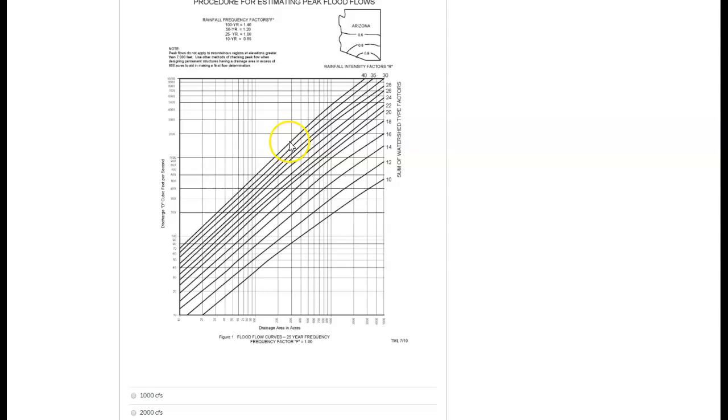Now I come across horizontally, and this is the amount of discharge that that stream will produce based on the area of the drainage basin and the characteristics of the drainage basin. If it did end up at this point, we would estimate it to be maybe about 1,800 cubic feet per second.